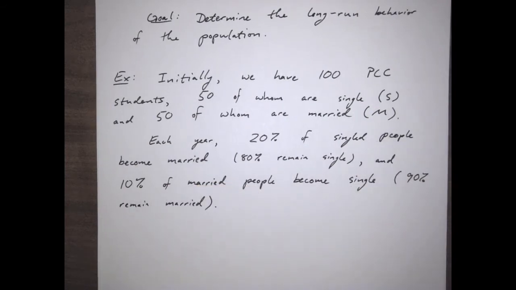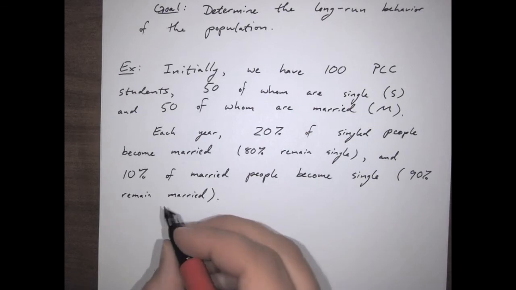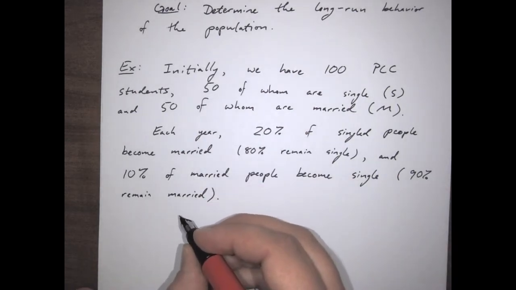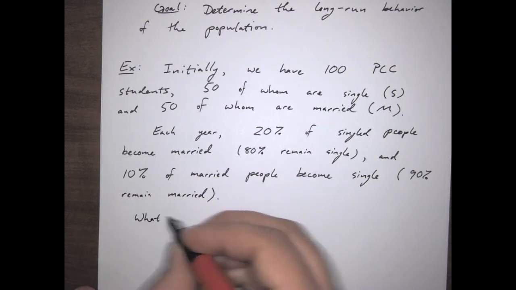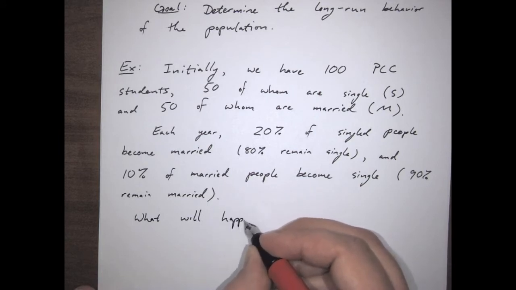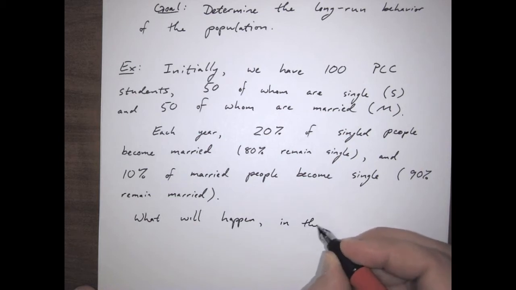So what does all this have to do with matrices and vectors? The goal is to figure out, using the techniques of linear algebra, what will happen in the long run.